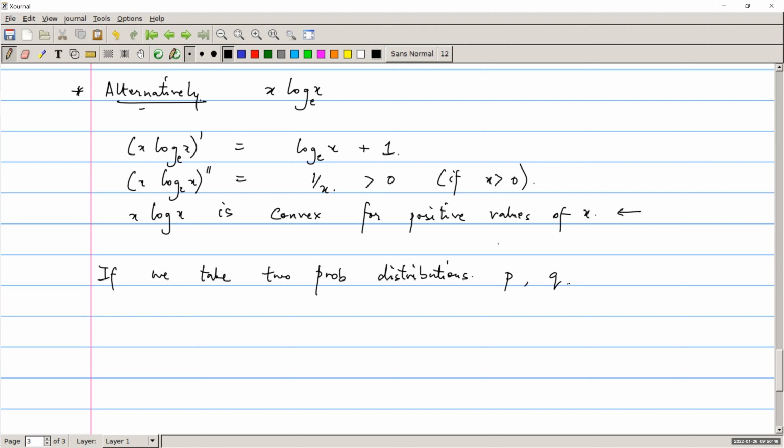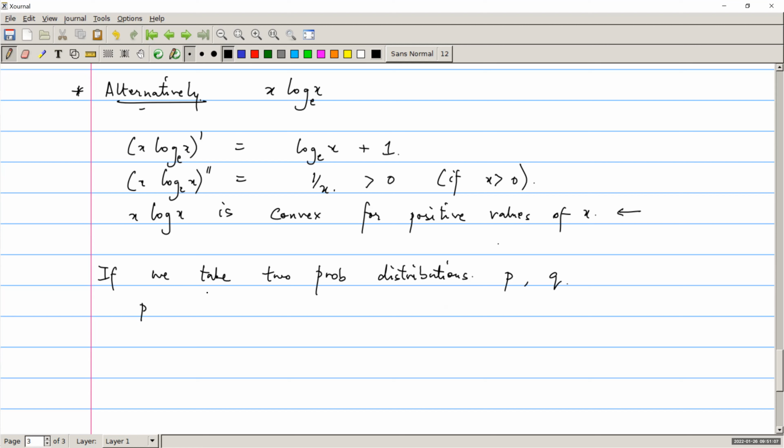All we are concerned about is that these are two probability distributions on the same universe. If you look at it as a sequence of numbers, there are two sequences of non-negative numbers, and the length of these sequences is the same. So you can use the log sum inequality.